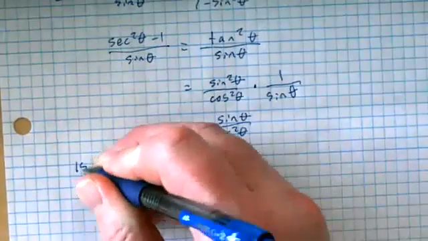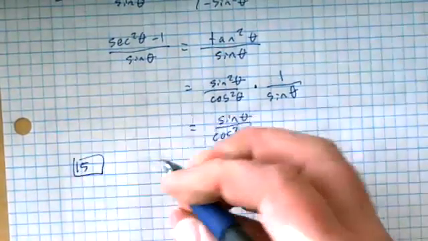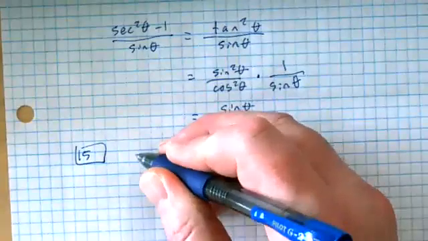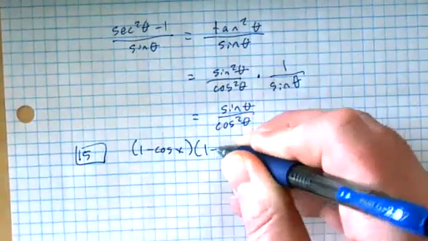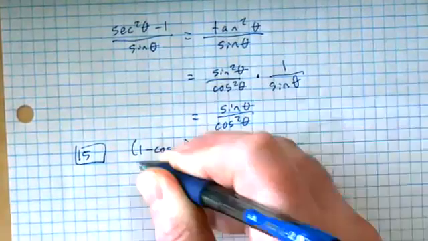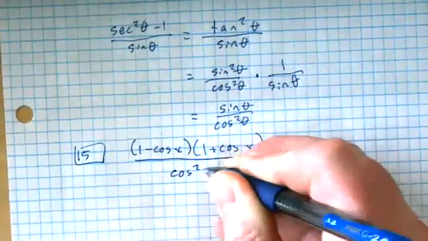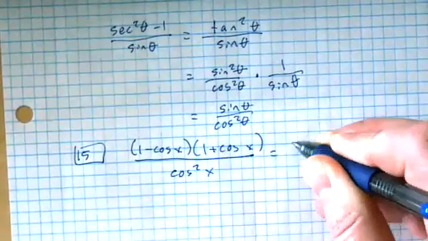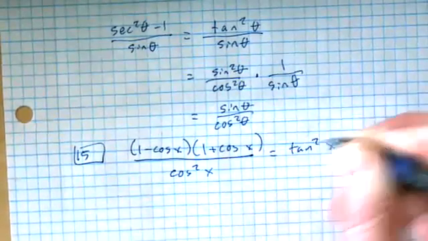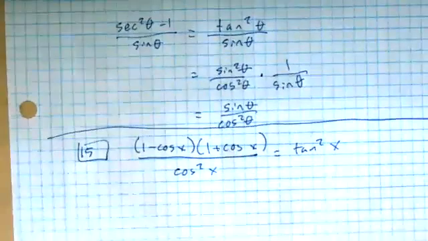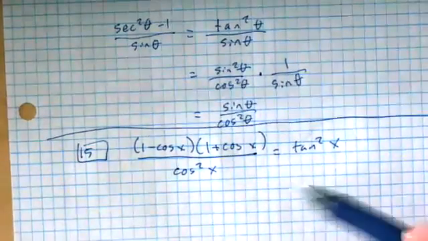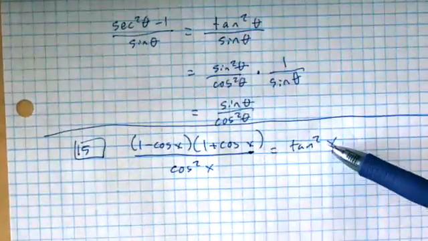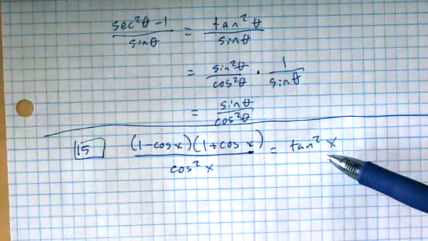Ooh, 15 looks kind of messy. I'm going to use X's instead of U's. Are you okay with that? Well, the decision which side to start on is pretty clear on this one. This is way more complicated than this. So I think I'd start on that left-hand side.